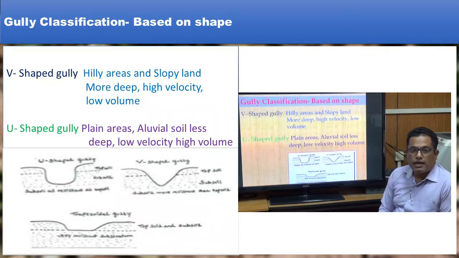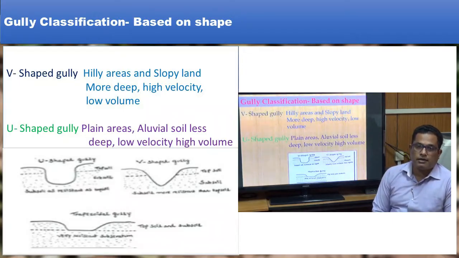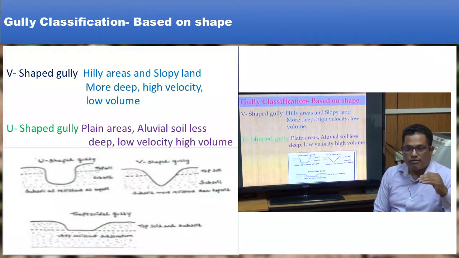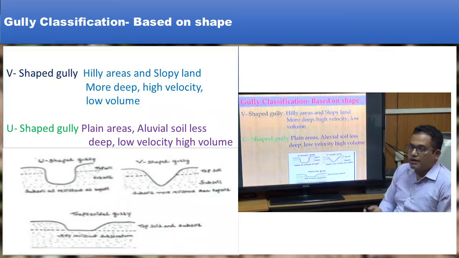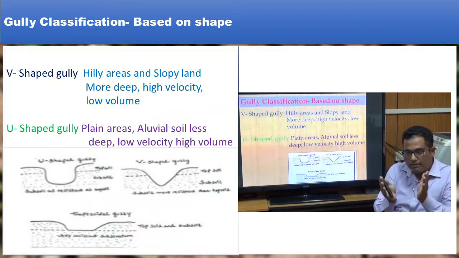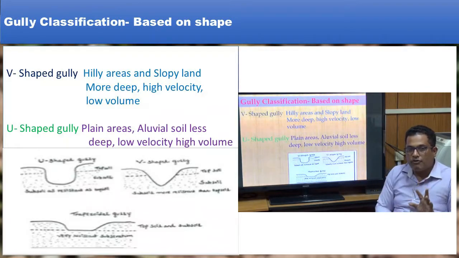V-shaped gully normally occurs in hilly regions where there is high runoff, high flow of excess water, and the soil depth is less. In such places, the gully will take a V shape.